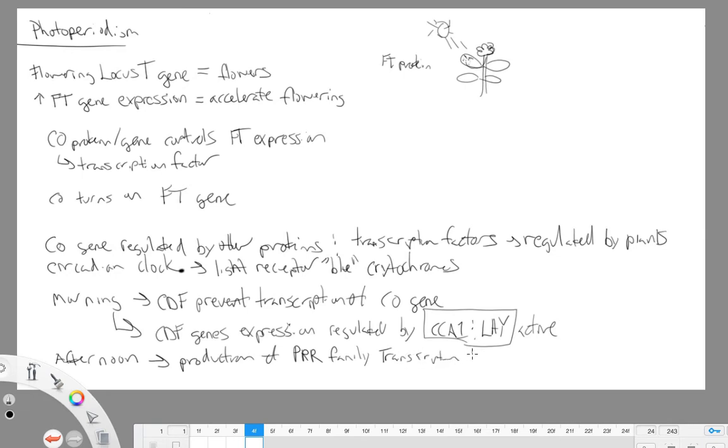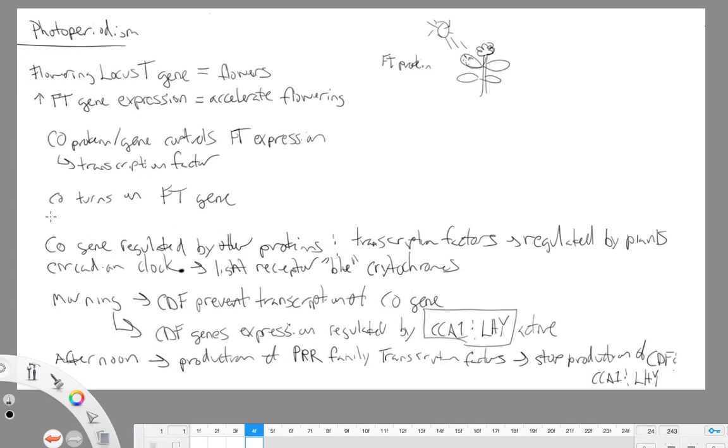Transcription factors. Now these guys stop the production of CDF and CCA1 and LHY.